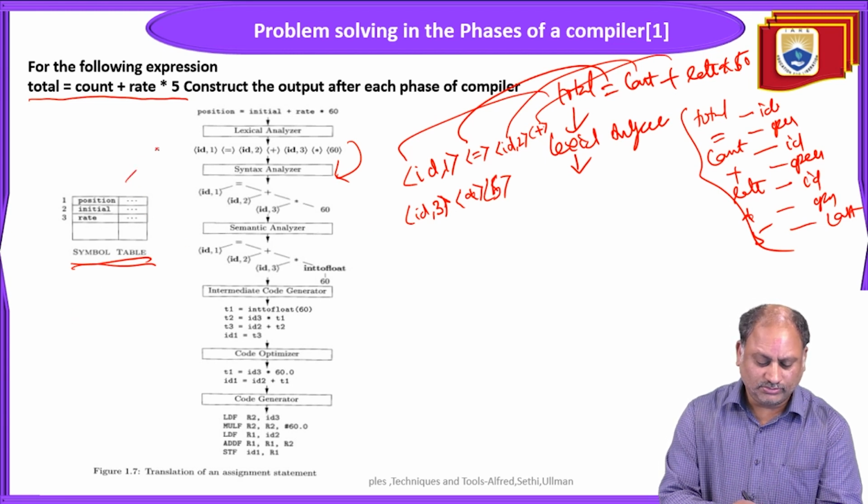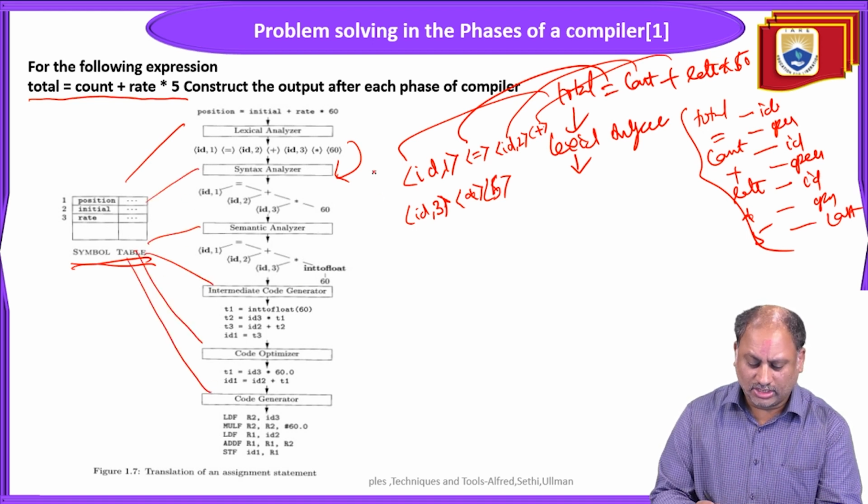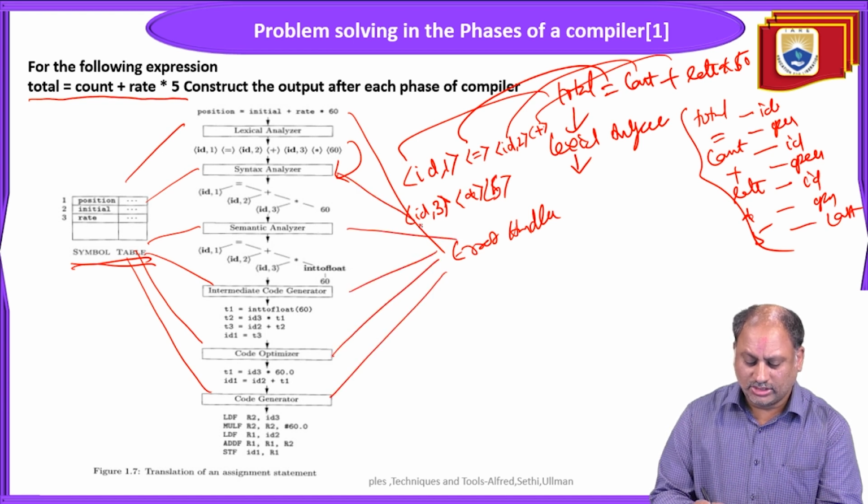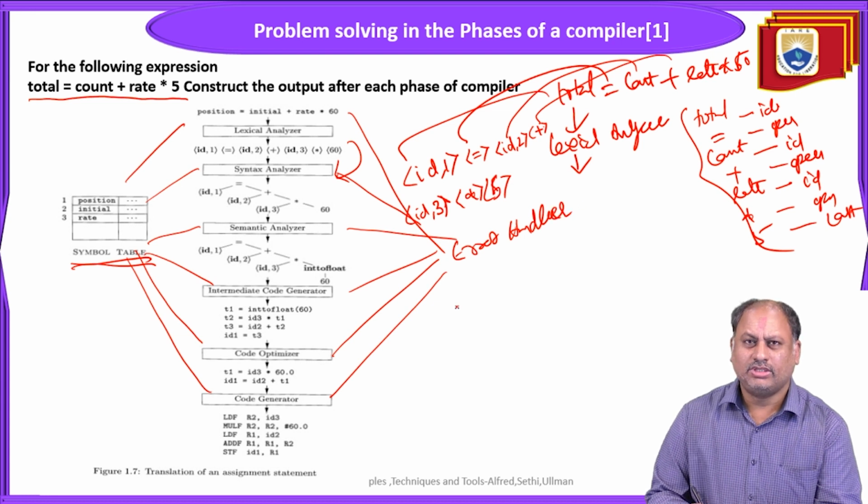Each phase has to be noted with the different values and the corresponding information, and symbol handlers and error handlers are also there. Where any errors occur, they are to be processed with each of the compilation processes.